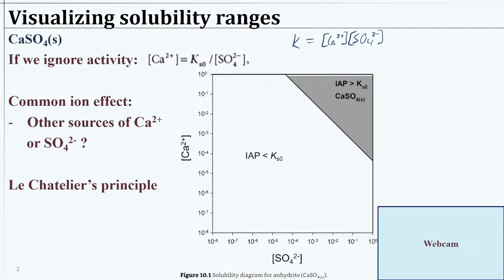So if we plot it in that manner, we can draw a line right here that says anything above and to the right of that, we will have solids. Our ion activity product is greater than the solubility product. Solids will be present.